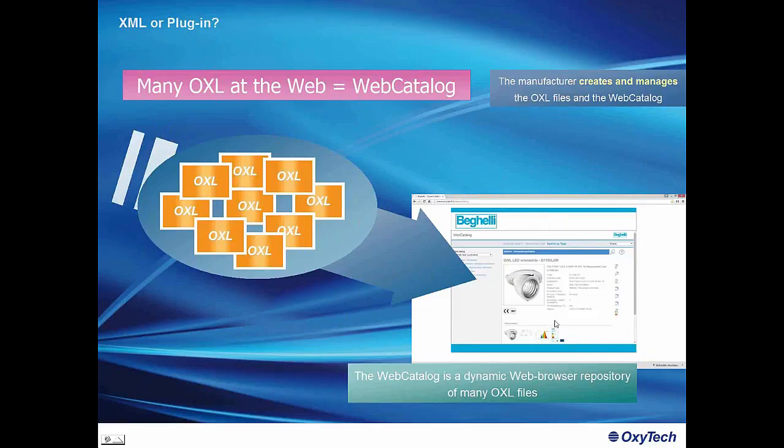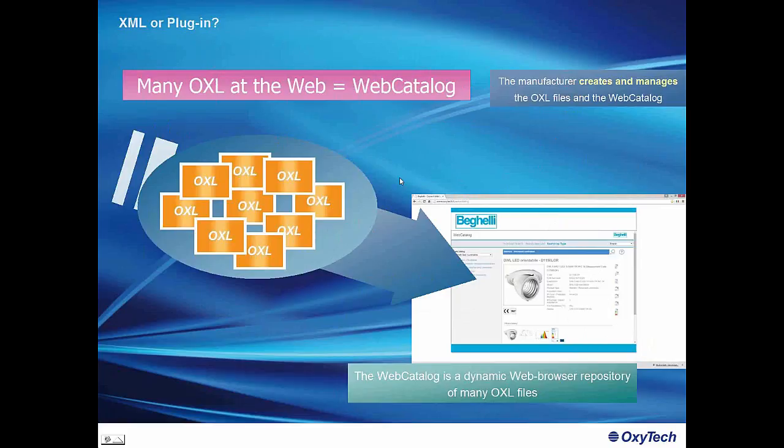You can easily search through different search engines. You can easily search the products, and once you find the product, you will have the so-called product datasheet, through which you have different features. So we can say that the web catalog is a dynamic web browser repository of many OXL files.